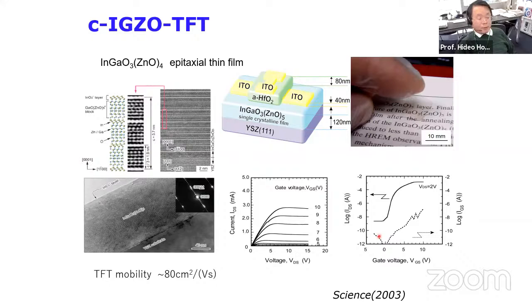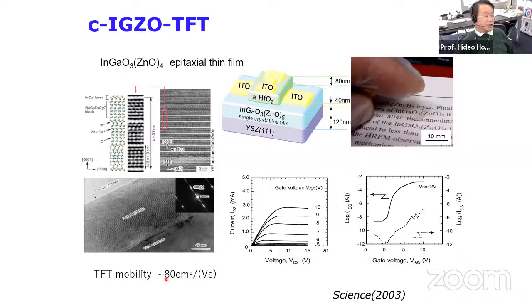The mobility is pretty large, 80, which at the time was a world record, and the on-off ratio is 6 or 7 orders of magnitude. This is enough. This mobility is also comparable to that of polycrystalline silicon. So we realized that oxide semiconductors really work as a channel of the TFT.